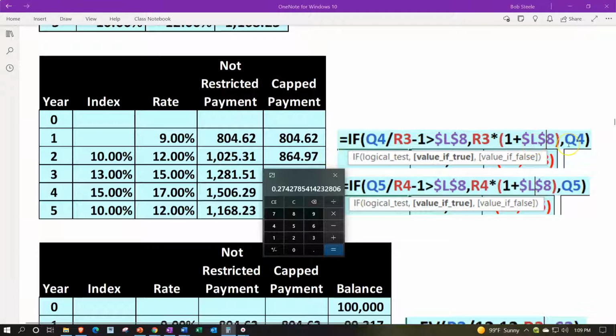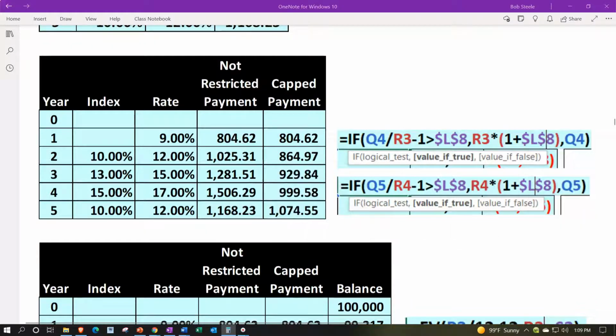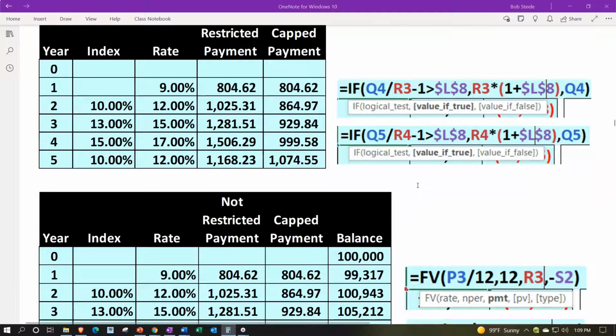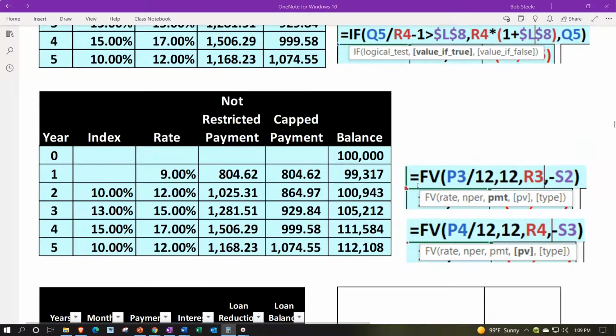If it's not true, meaning it's less than the payment cap, then we'll pick up this cell, the 125 in that case. Obviously, this one, we're applying the cap. If you do these formulas in there, again, it can be useful when you start running different scenarios in something like Excel. So once we have that, then we can look at the ending balances. And again, you'd probably be calculating the ending balances as you go. You can also check these ending balances on the Excel worksheets as you work out the amortization table.